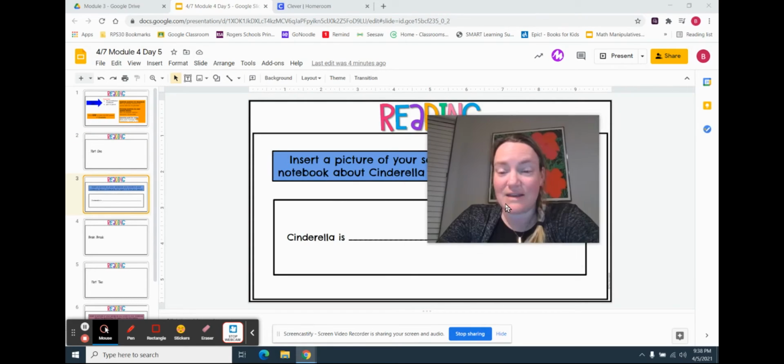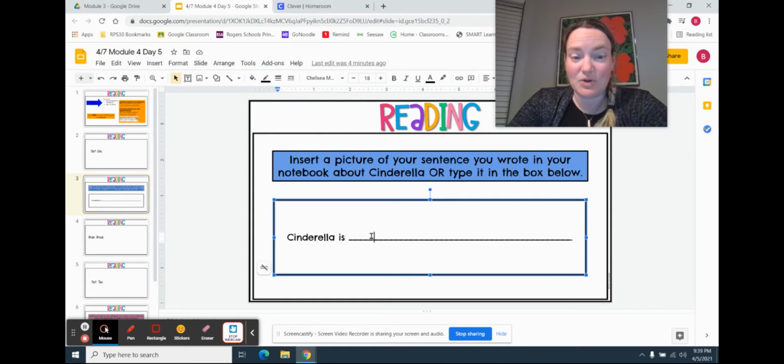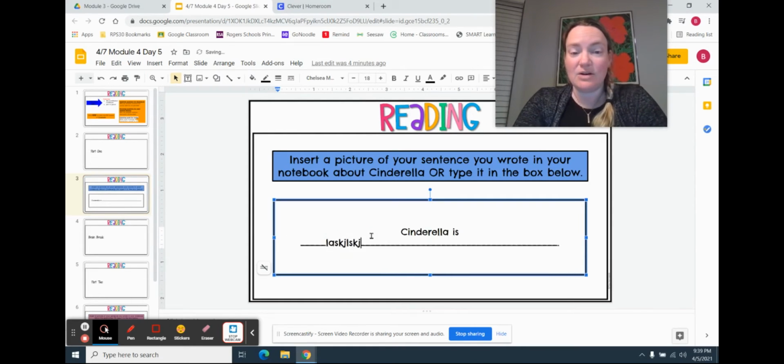You can go down here to slide 3, and it says, insert a picture of your sentence you wrote in your notebook about Cinderella, or type it in the box below. Well, you can write it in your notebook, like I said, and take a picture of that. Make sure it's nice and clear so your teacher can read it. Or you can just type right here, Cinderella is blank. Okay, you'll just click right there on that line and start typing.